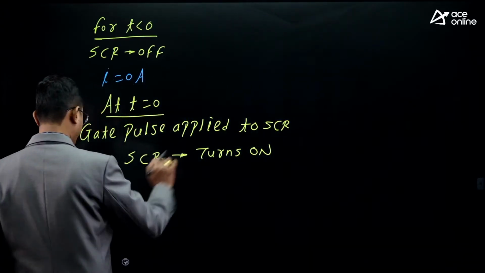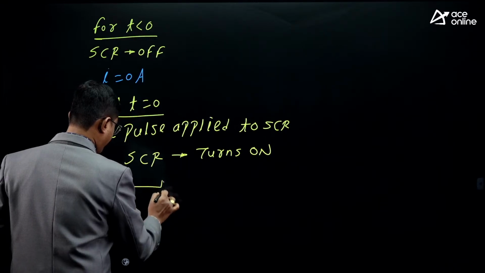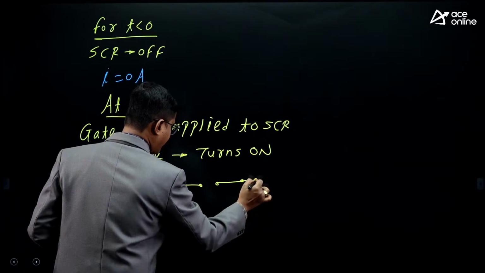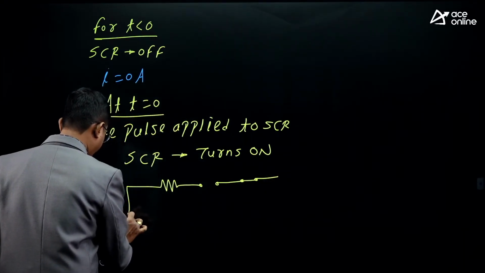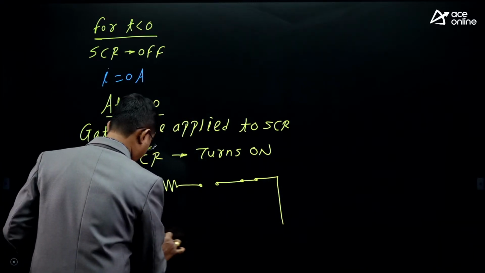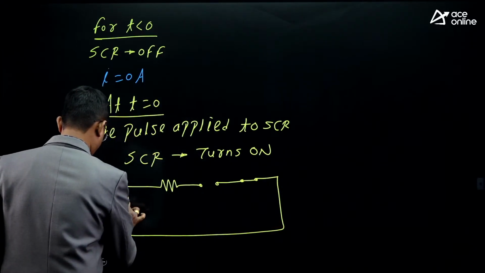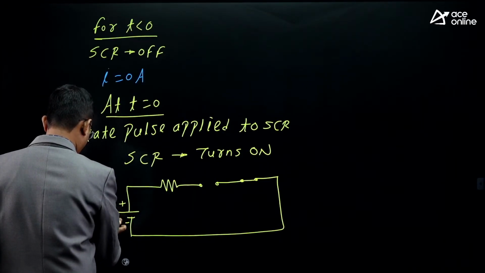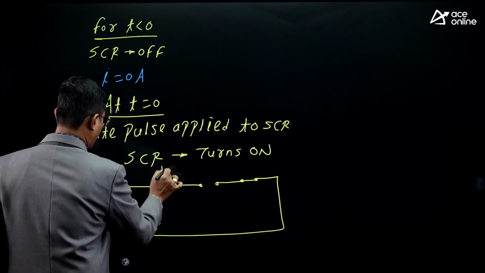So let me draw the circuit. The inductor will act as an open circuit, the SCR is in on state, and this is DC excitation: 80 volt. This is 1000 ohm.